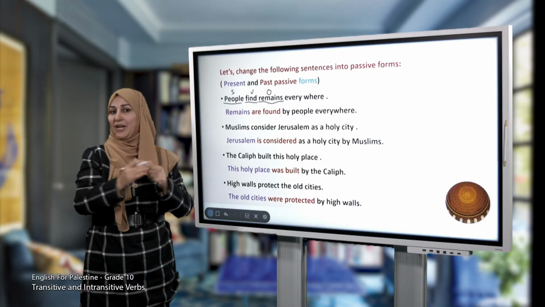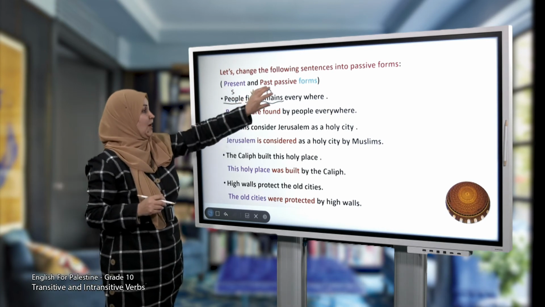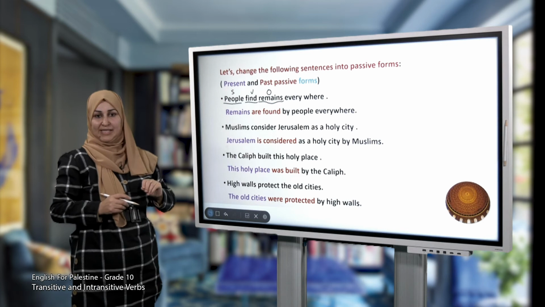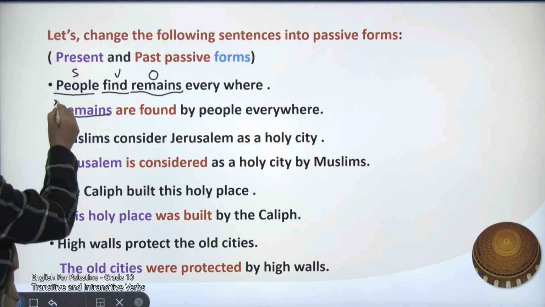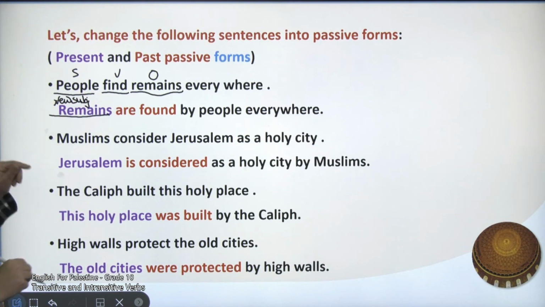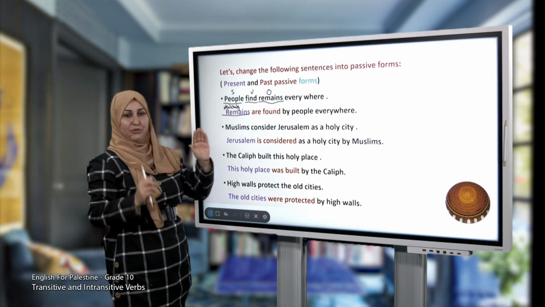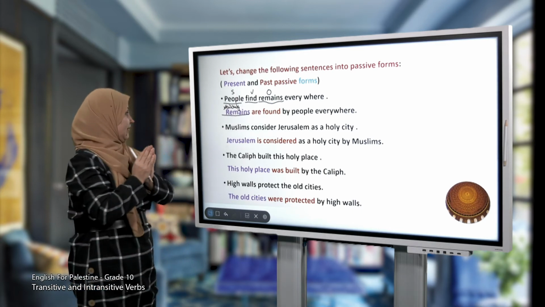So, what we are going to do is to put the object at the beginning of the sentence and we call it a new subject. Then we have to go to the be family and choose a suitable verb.